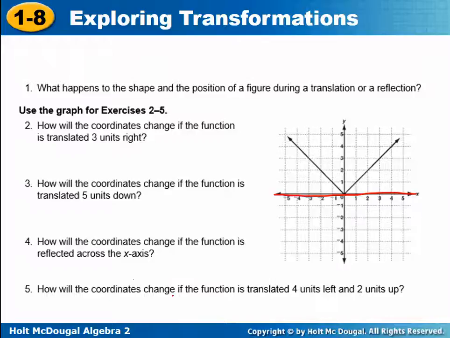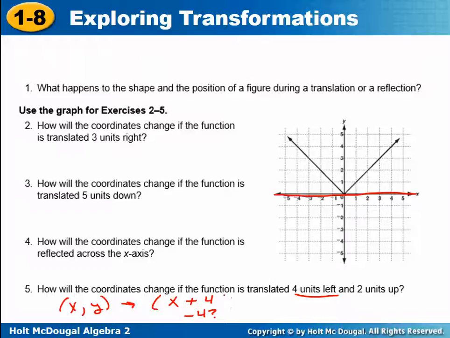And then finally, how will the coordinates change if the function is translated 2 ways, 4 units left and 2 units up? So you might say that the coordinate xy will become x, is it going to be +4? Is it going to be -4? Is it going to be +2 or -2 to do 4 units left?